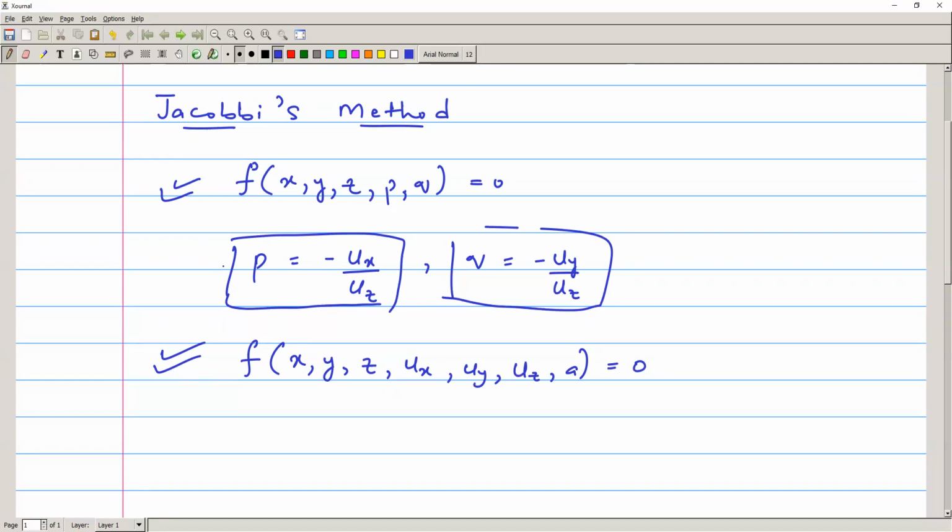Now after that, we have to form an auxiliary equation.